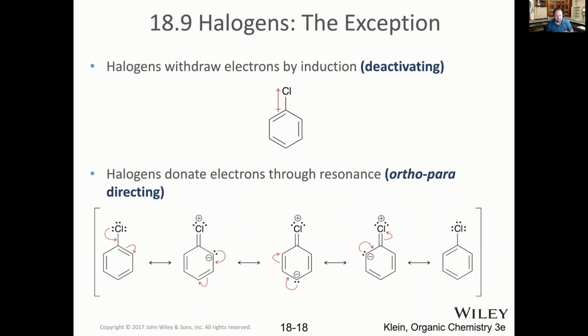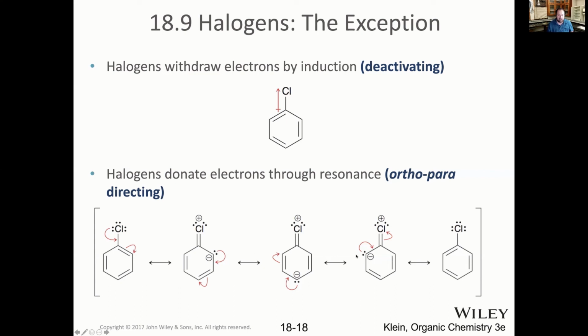However, halogen groups, when they're on a benzene ring, when you do give them enough time to react, will direct the substitution event to occur at the ortho-para positions still. And that's because even though they do withdraw electron density, they still have a resonance form that shows that there is an excess amount of electron density via resonance at the ortho and para positions, as you can see right here.